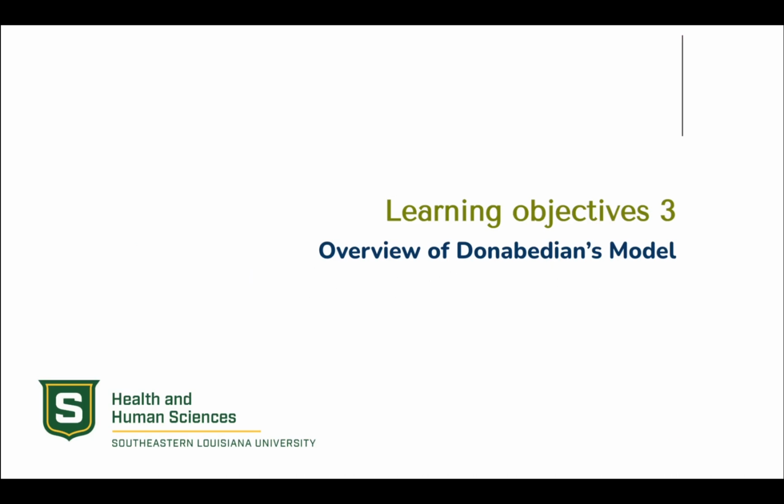Which takes us into the third learning objective, an overview of the Donabedian model. The Donabedian model, like I mentioned, has three aspects: the structure, the process, and the outcome.